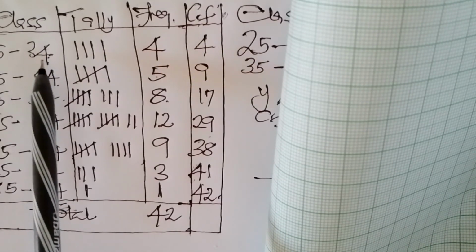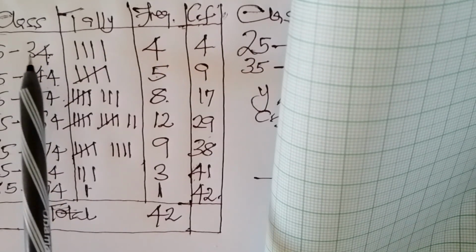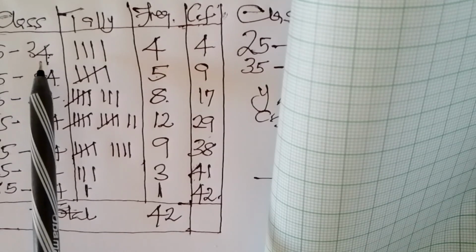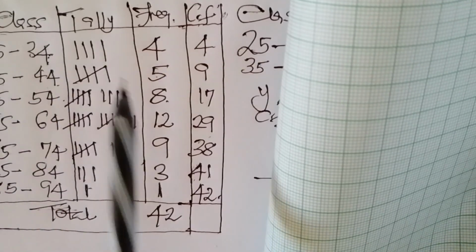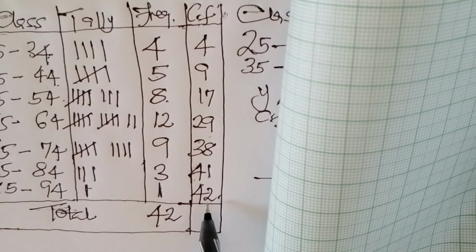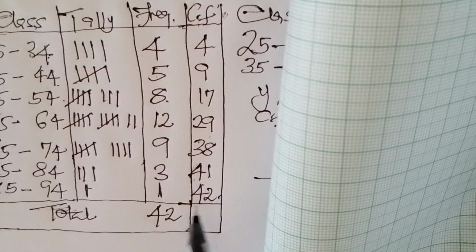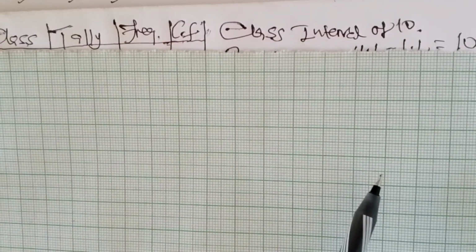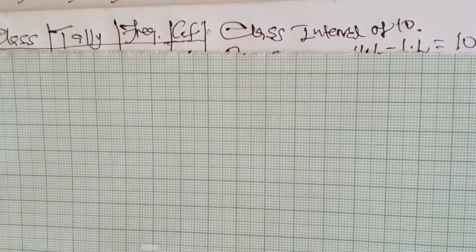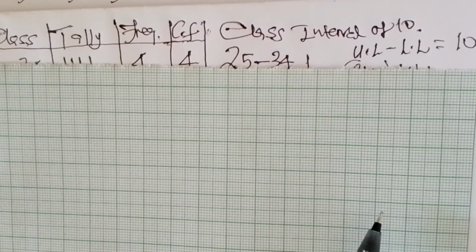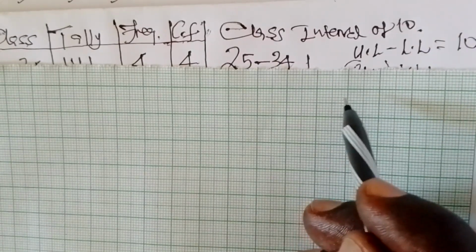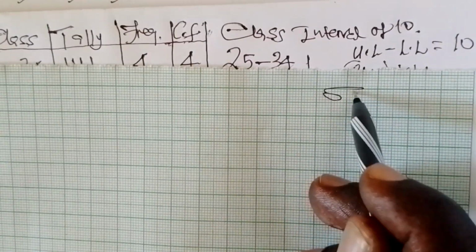We are going to see what I mean by that. And then our greatest value on the y-axis, our cumulative frequency, will be 42. So we pick the most appropriate scale, so that our graph doesn't look tiny.